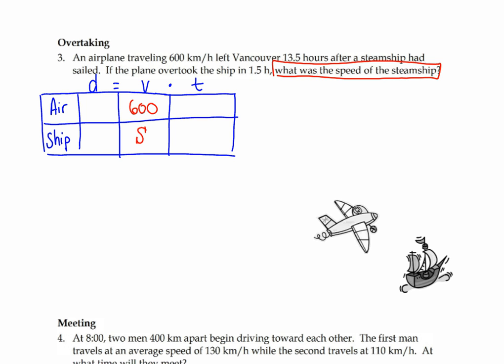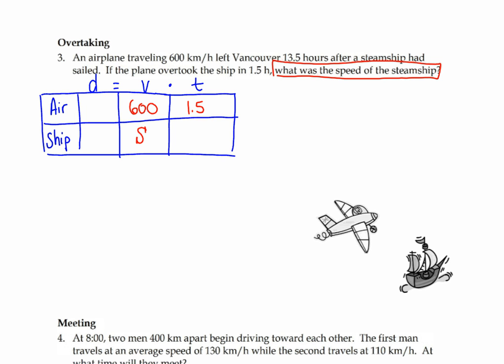Wouldn't the boat be 15? Let's talk about this. Would the plane be in the air for 1.5 hours? Yes. The airplane left 13 and a half hours later than the steamship did.